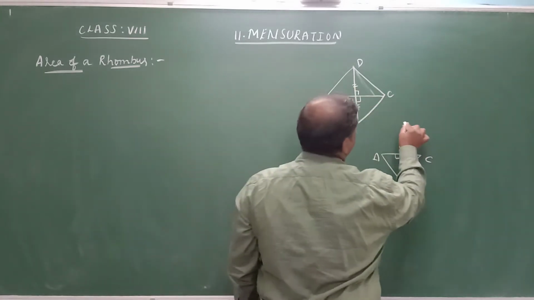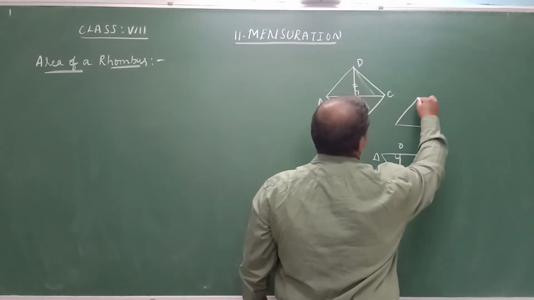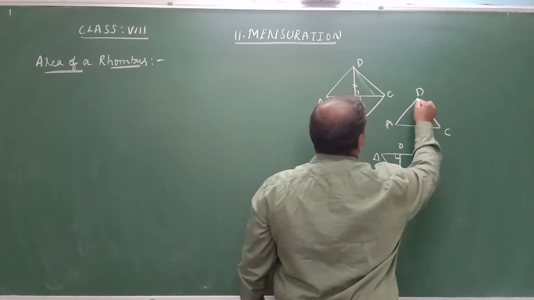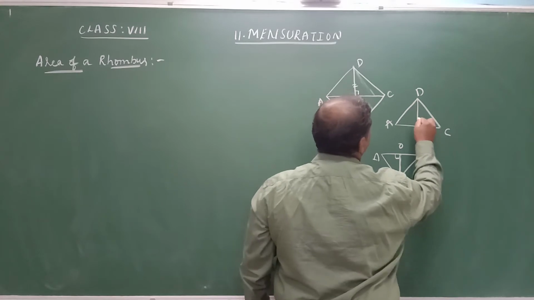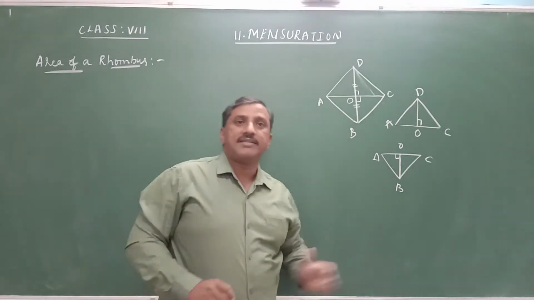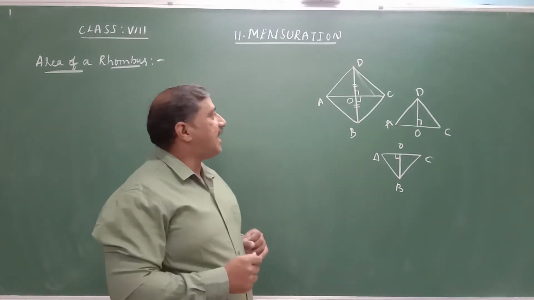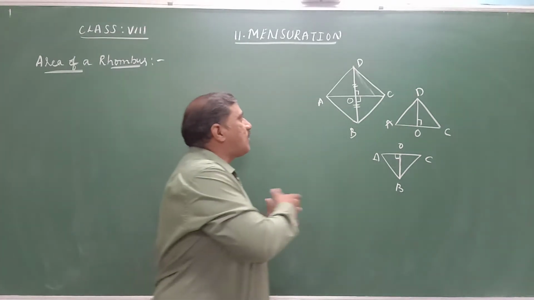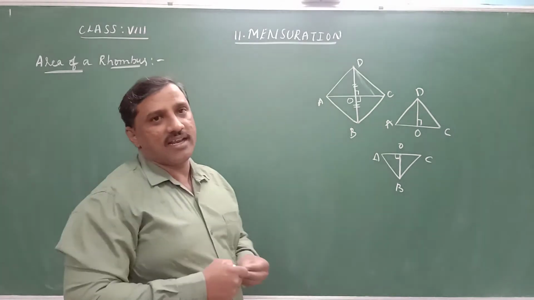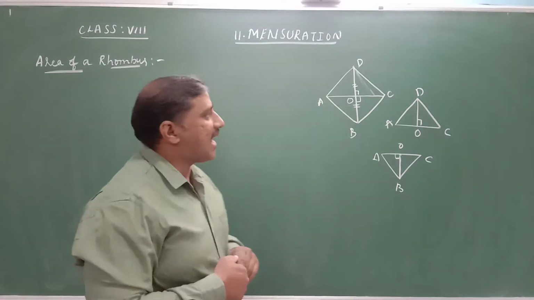Similarly, consider the triangle ADC, where DO is the altitude. By joining OD and OB, what we get? The diagonal BD. Let us consider diagonal AC as D1, the first diagonal, and BD as the second diagonal.